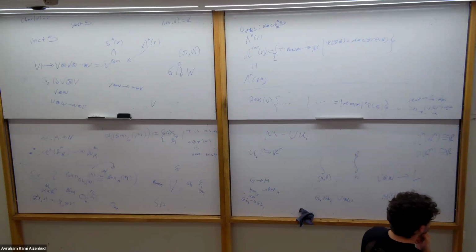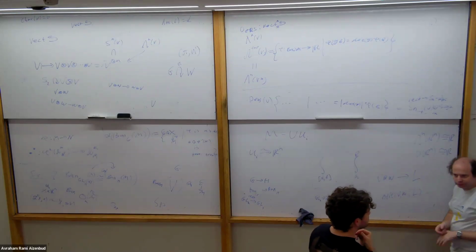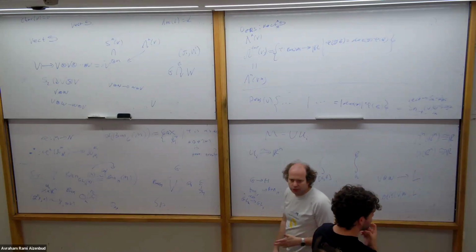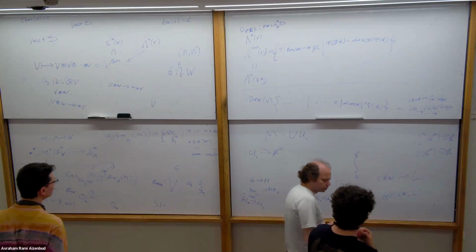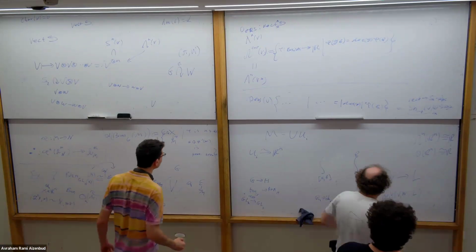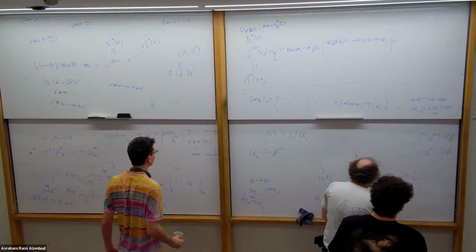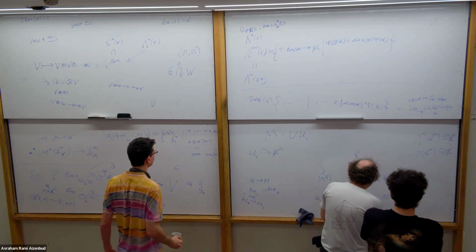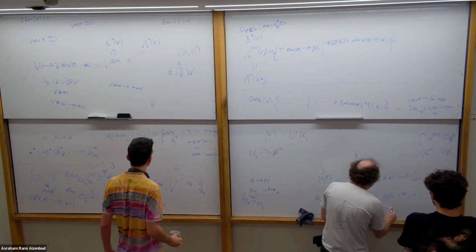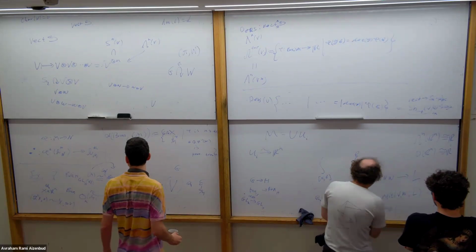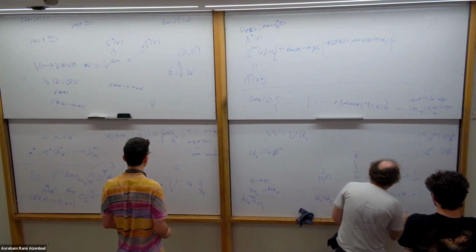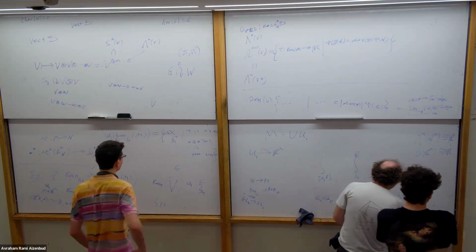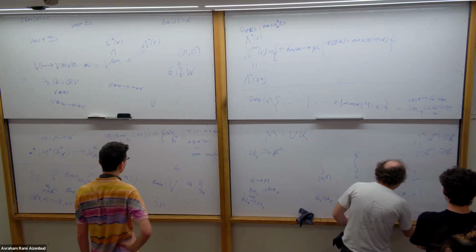If you have a one-dimensional real vector space, you can take the absolute value. How do you do it? One way: you should first do something weird. You consider all the maps V star to R such that f of lambda v equals absolute value of lambda times f.